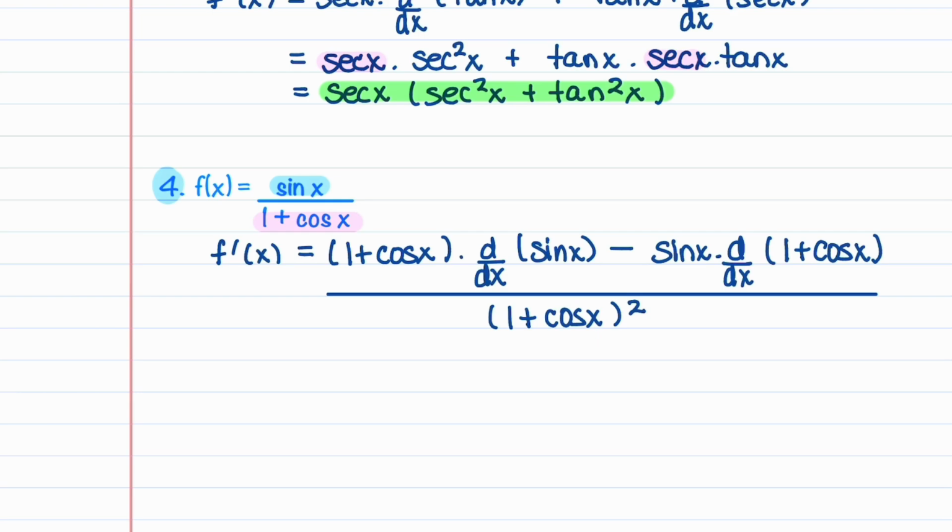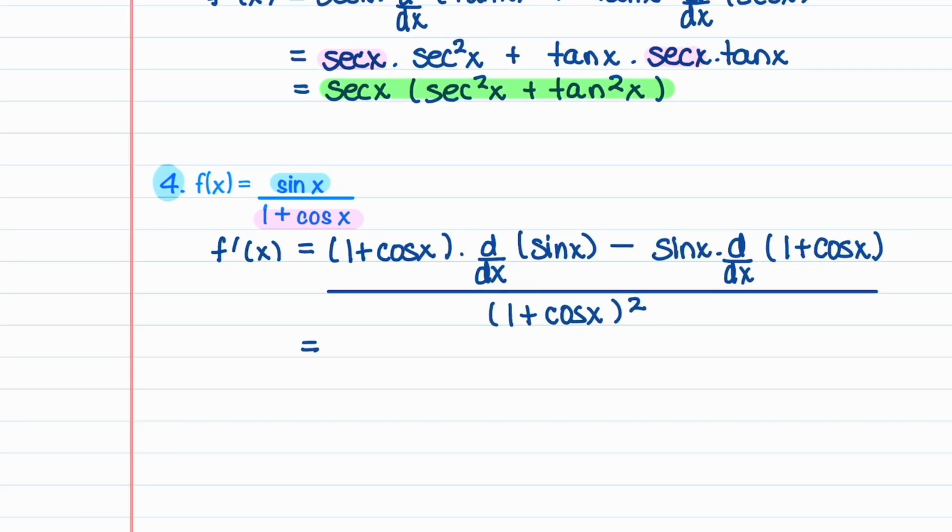I think one mnemonic that might help remember this is thinking of the top term as the high term and the bottom term as the low term, and then the derivative is just low d high minus high d low, all divided by the square of what's below. Let's now go ahead and simplify this. This is 1 plus cosine x.